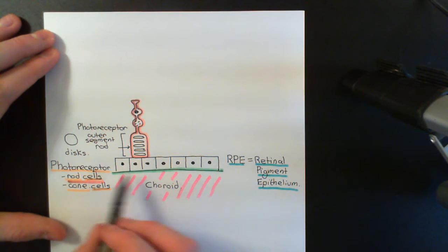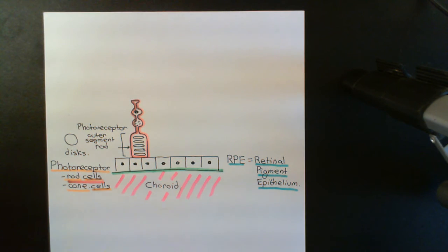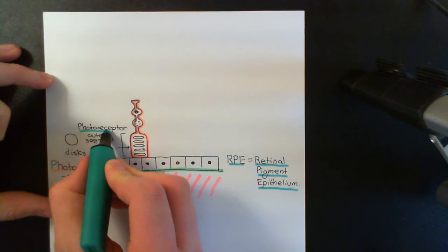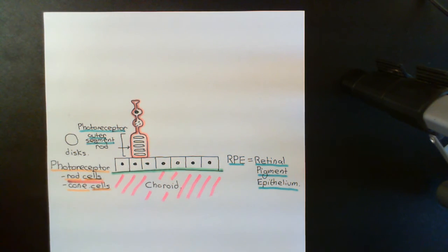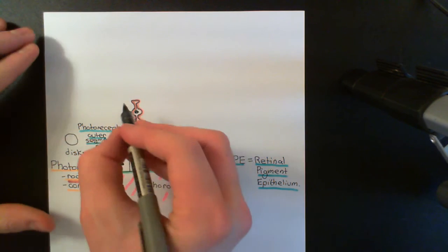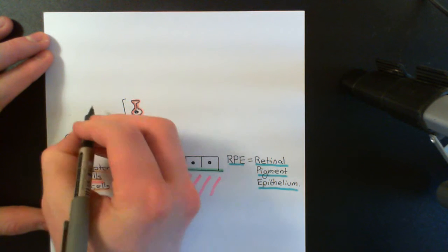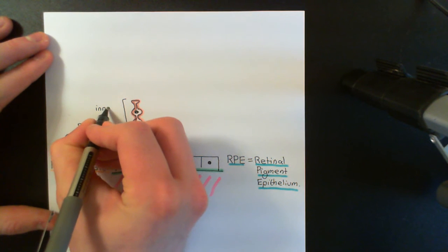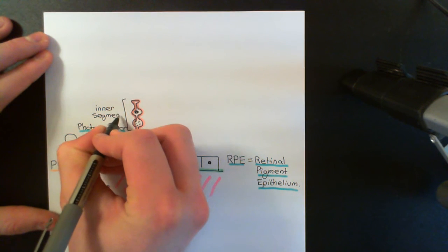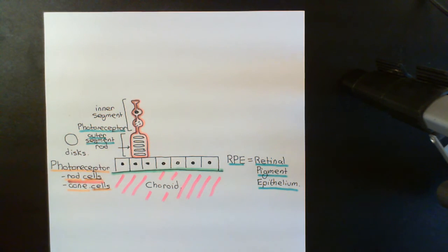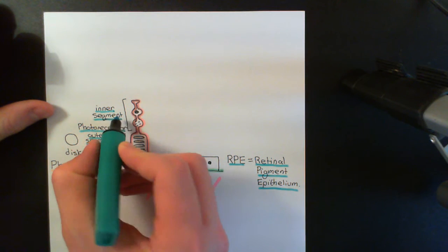Remember, this is the outer portion, this is the inner portion. Then the other portion is the photoreceptor inner segment. All of the rest of this, with the nucleus and the area with the mitochondria and this little terminal up here, is the photoreceptor inner segment. And this is specifically a rod photoreceptor. So there we have the photoreceptor outer segment and the photoreceptor inner segment of a rod cell.